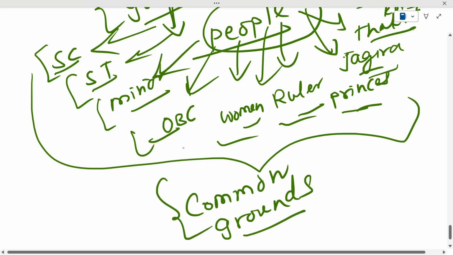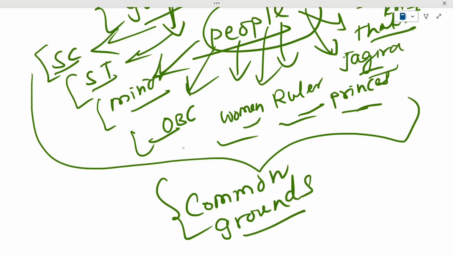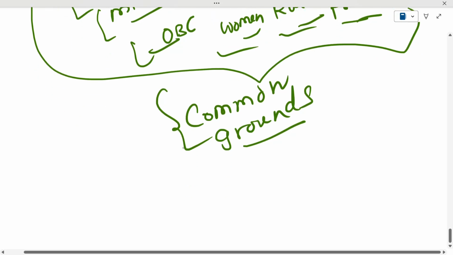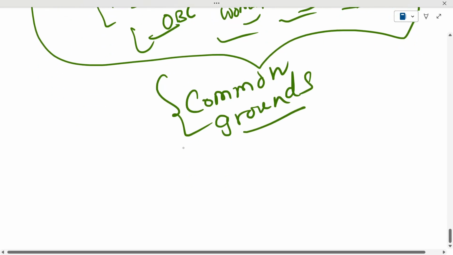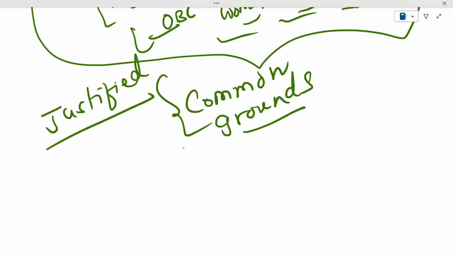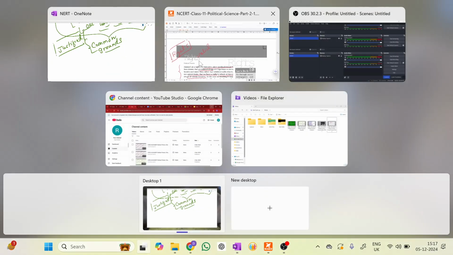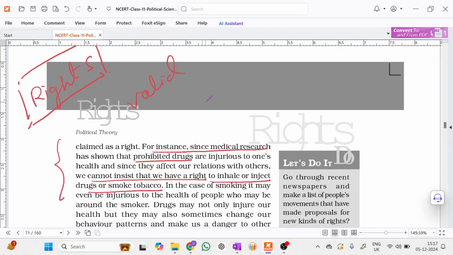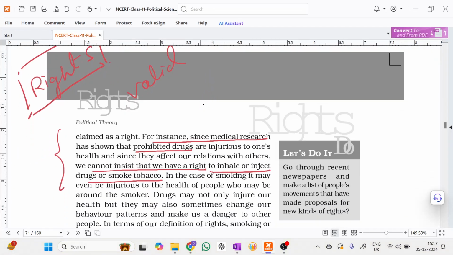They were ready to accept the common demands that had been discussed and justified. So at the time of the freedom struggle, all the claims that were accepted were justified.